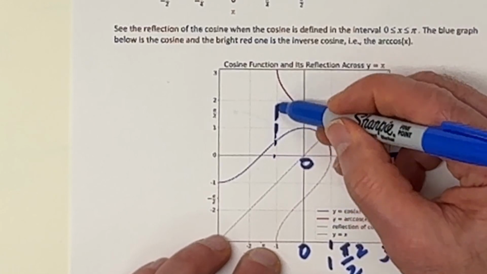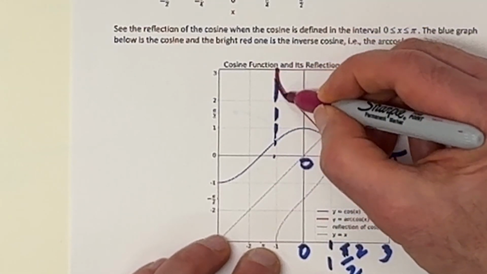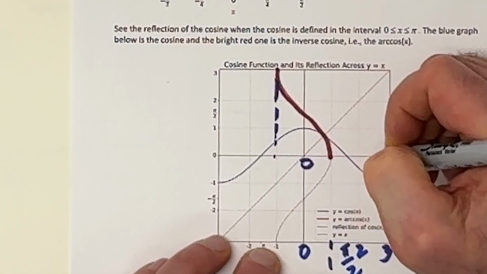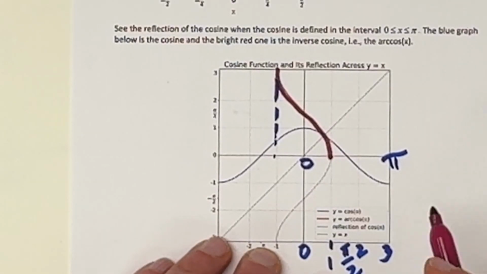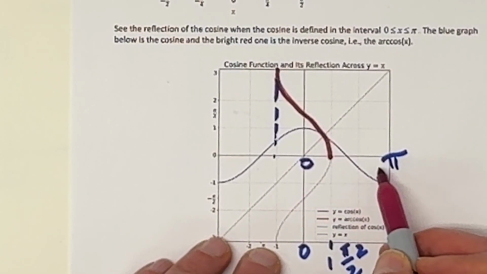So this red function here is acceptable, because for every x you get one value. So this is the key here, you want to go from 0 to pi.